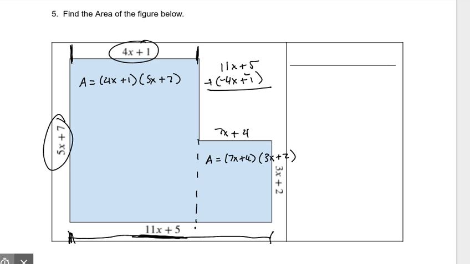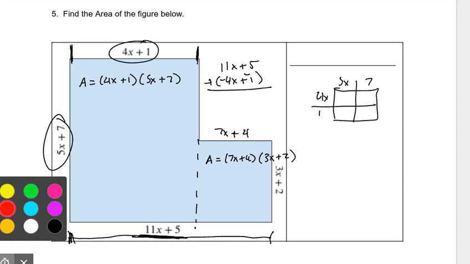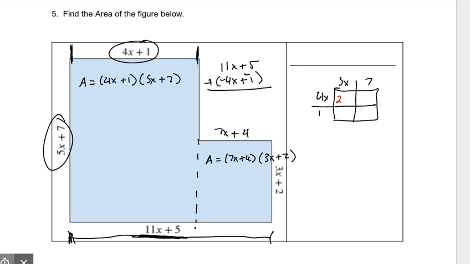So once I find both of these, I'm just going to have to add them up. They're two different sections that are in this figure. So make my 2x2 box for that first one. 4x plus 1, 5x plus 7. And I'm going to get my 20x squared, 28x, 5x and 7.